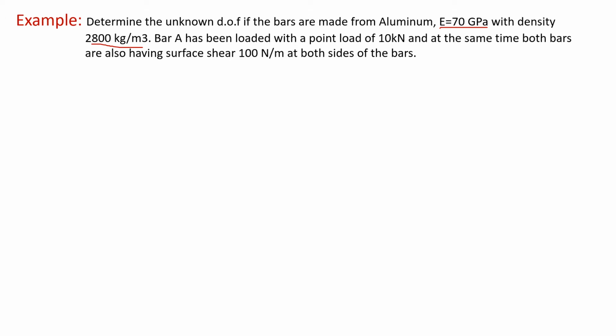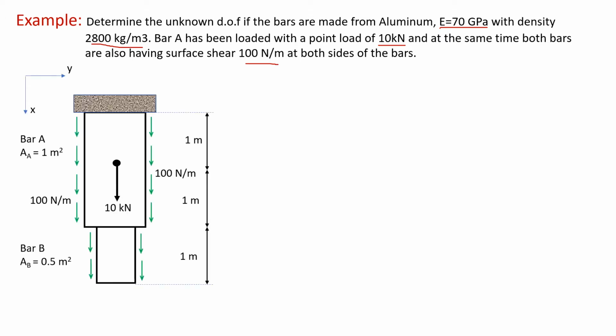Bar A has been loaded with a point load of 10 kilonewton, and at the same time both bars also have surface shear of 100 newton per meter at both sides of the bars. So here is our example.